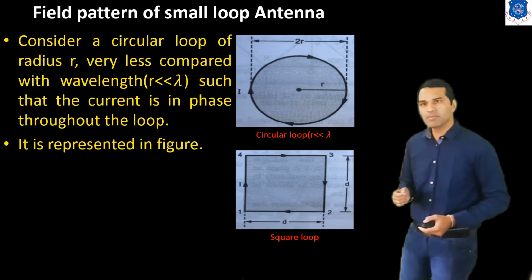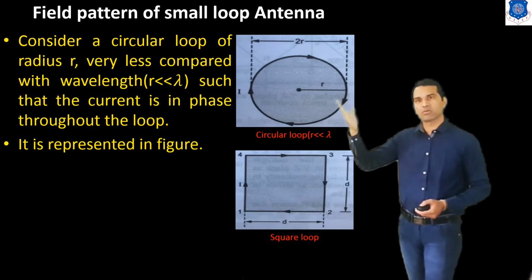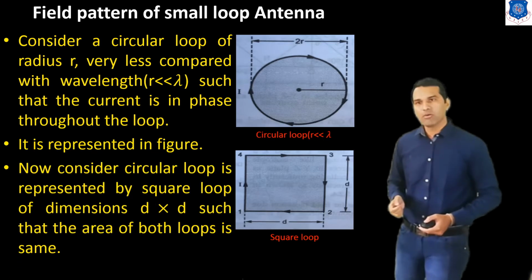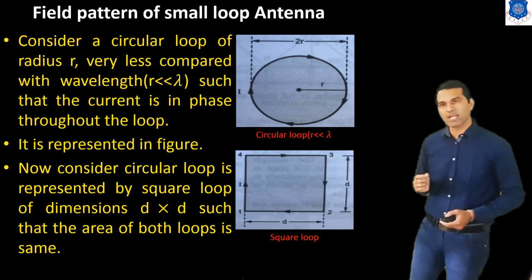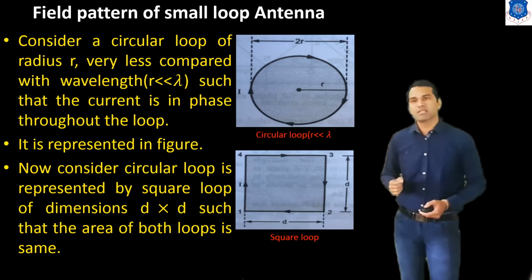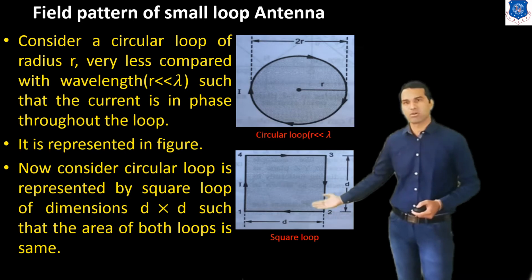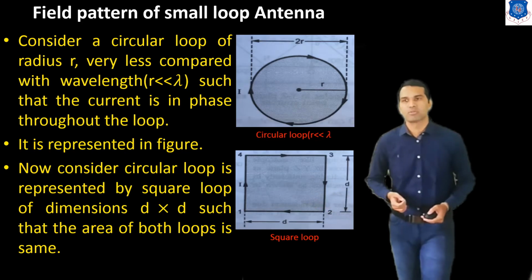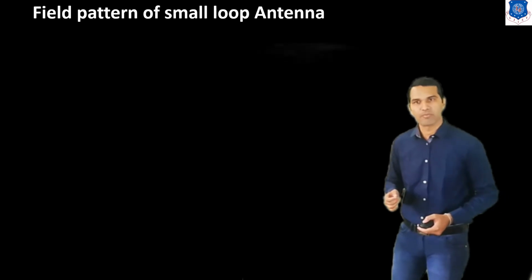It is represented in this figure. Here we can see the circular loop. Now consider that the circular loop is represented by a square loop of dimension d cross d. That means the side dimension is d, such that the area of both loops is the same.